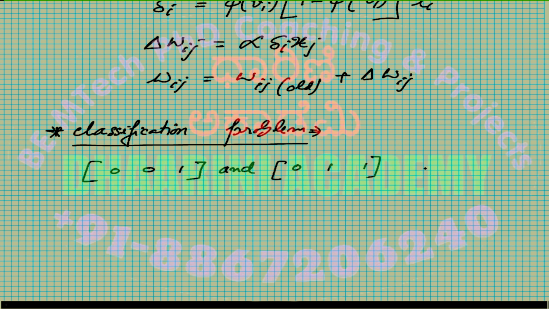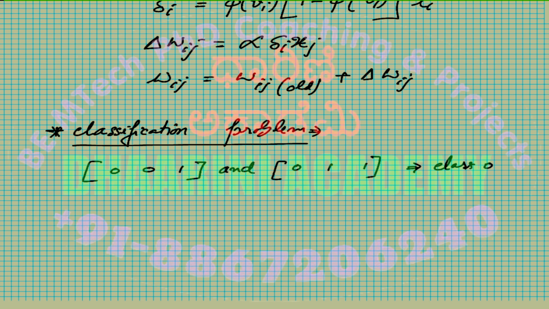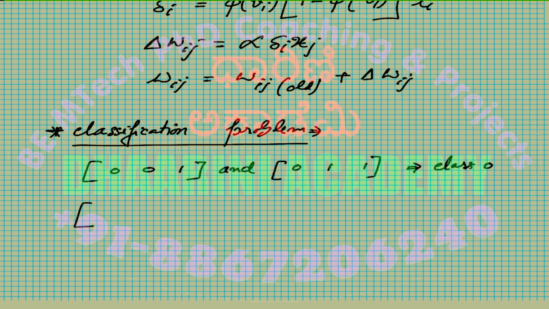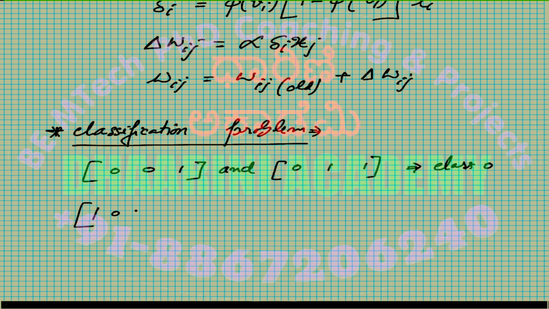If I give any one of these two, they should belong to, say, class 0. At the same time, if I give 1, 0, 1 and 1, 1, 1, I want to classify these into class 1.